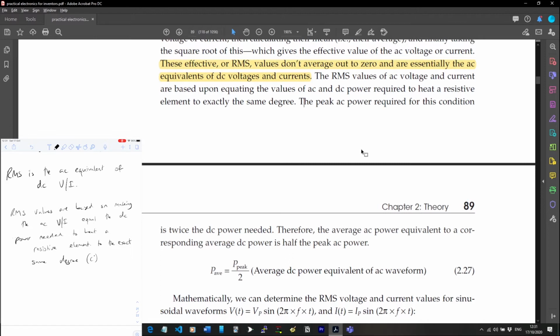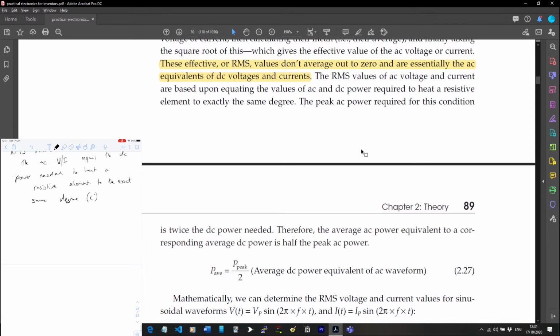Okay. I'm gonna have to take your word for that. Power. We're talking about power, right?